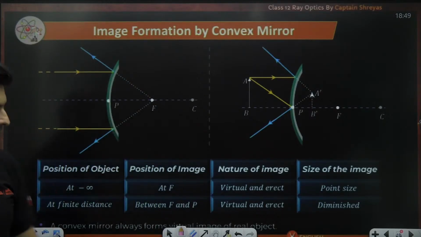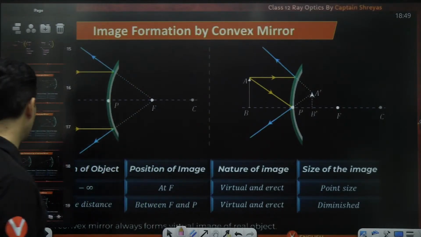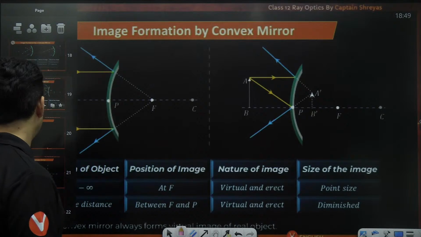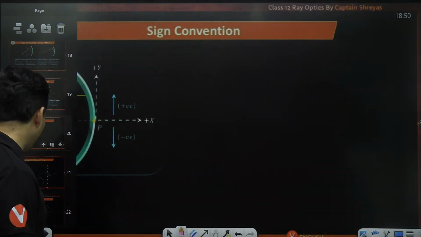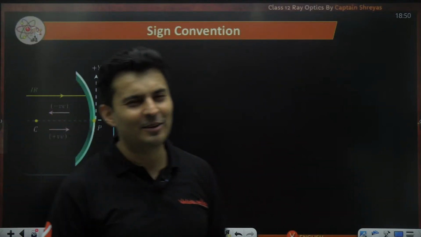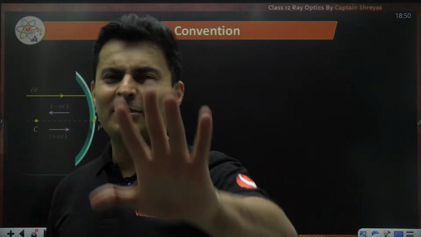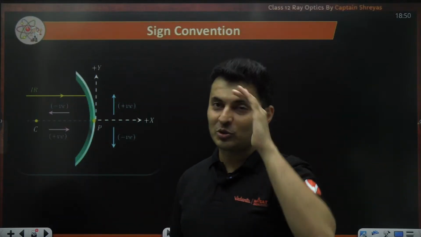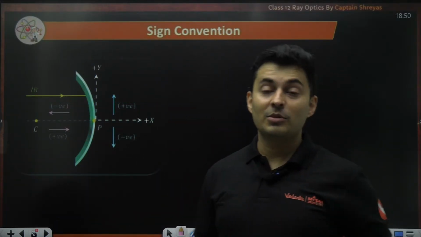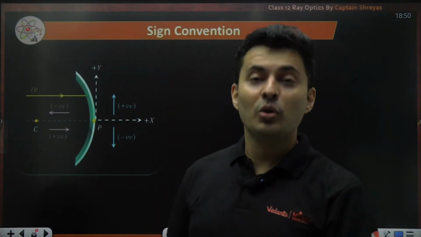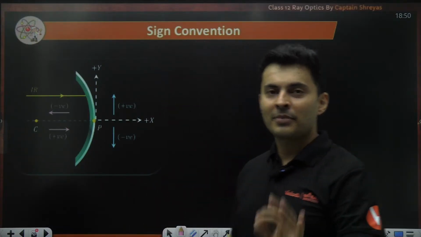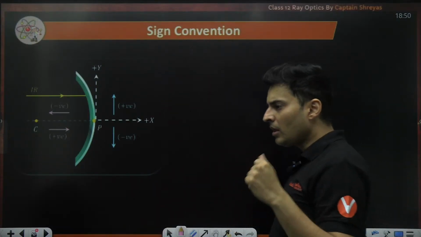Okay, fair enough. Okay, let's move now to the next important thing, and that is the sign convention. Every time I've seen sign convention, people make so many mistakes because they don't know what the sign convention is. Okay, I'll tell you first.